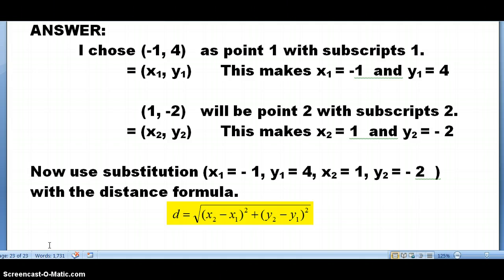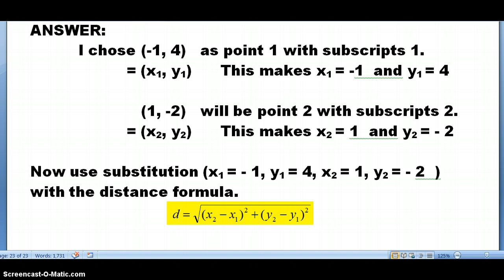I chose the point (-1, 4) as point 1, making x sub 1, y sub 1 be (-1, 4). Therefore, x sub 1 is negative 1, y sub 1 is 4. I chose (1, -2) as my second point, making x sub 2 equal to 1 and y sub 2 equal to negative 2.